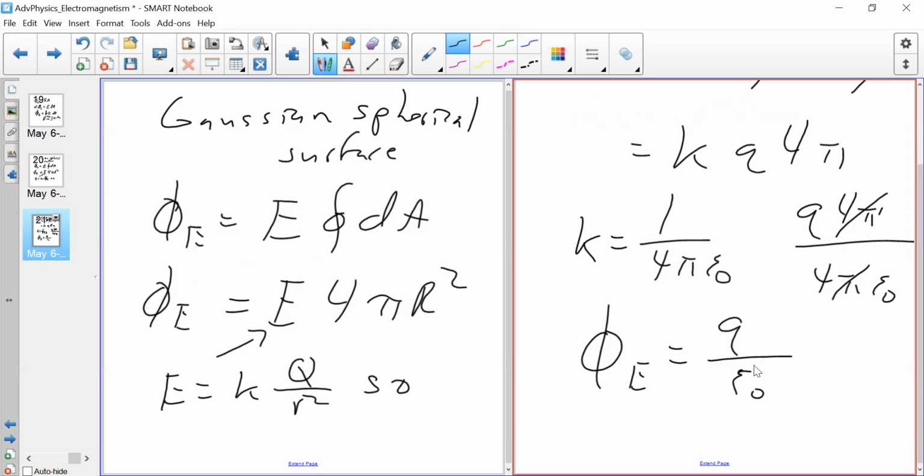We have to look at it in terms of little q's, dq's, as opposed to the whole Q, because now on the interior we're looking at a part of the charge that makes up the whole charge. That's why we have to go to different charge densities, whether it's volume, surface, or linear. But this will work for a complete charge, Q.